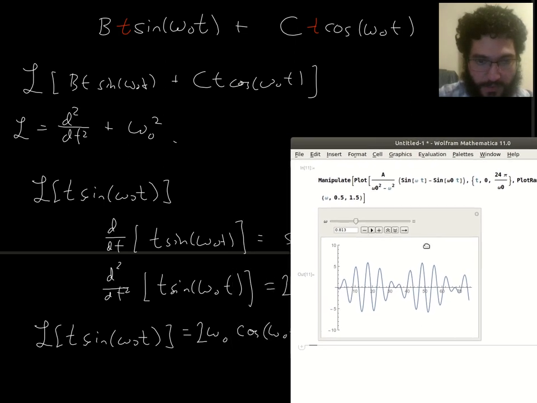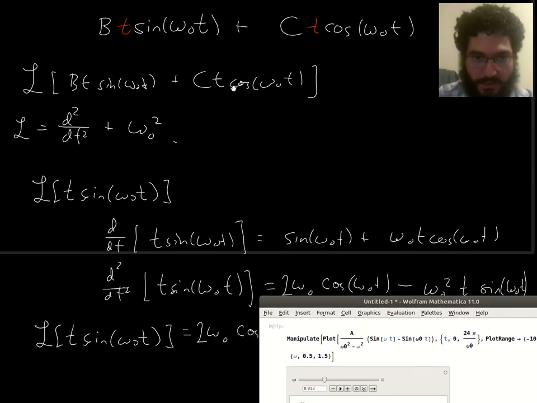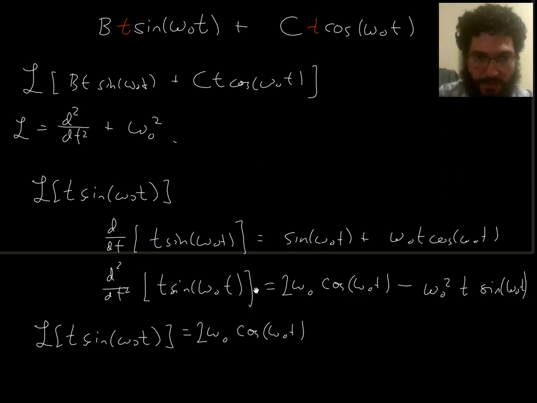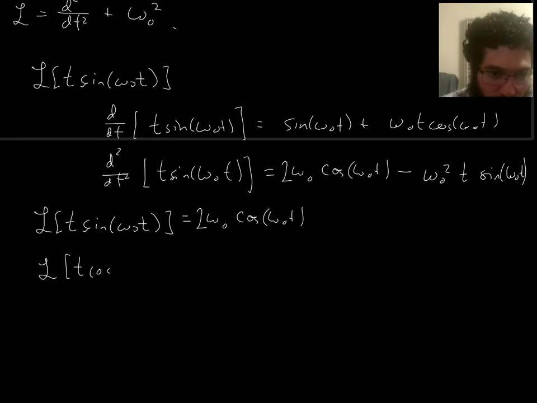Okay, so now I'm going to try to compute L applied to this other term, t cosine omega naught t. So let me write it down first. L t cosine omega naught t equals, and then I'm going to try to compute this.